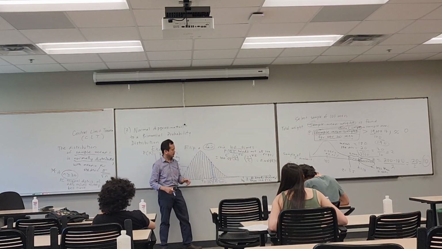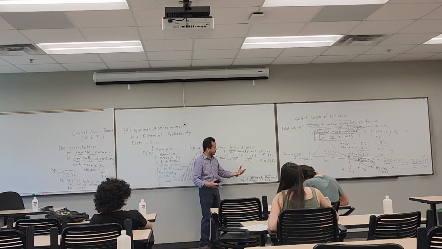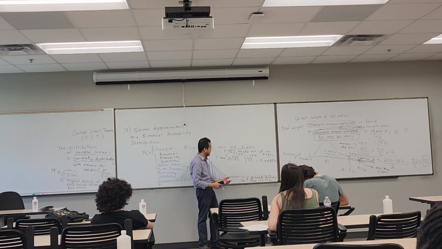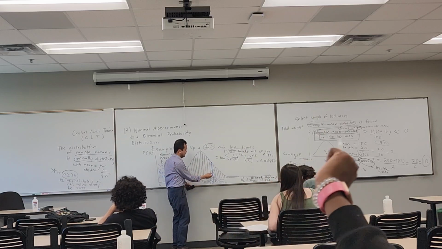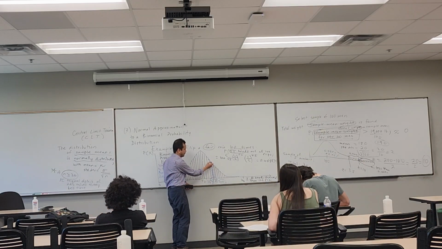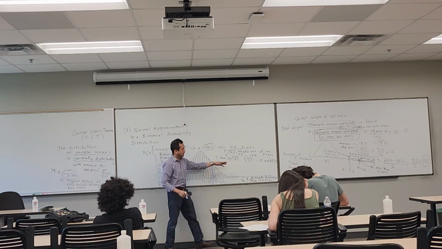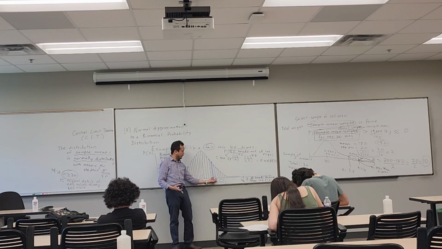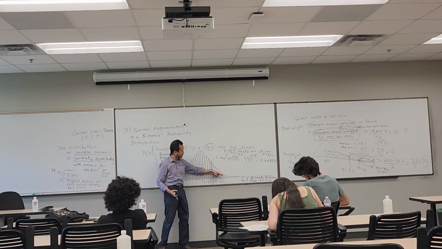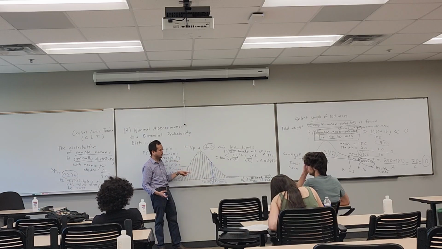So, again, to remind you of the big picture, we've already found the exact answer of the probability of 55 by finding the height of this bar. But now we want to approximate that answer by finding the area around this data point of 55 using this new blue bell curve instead.